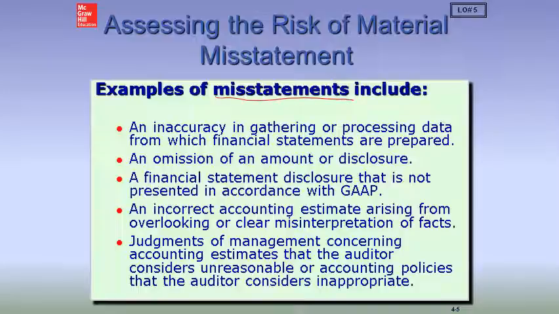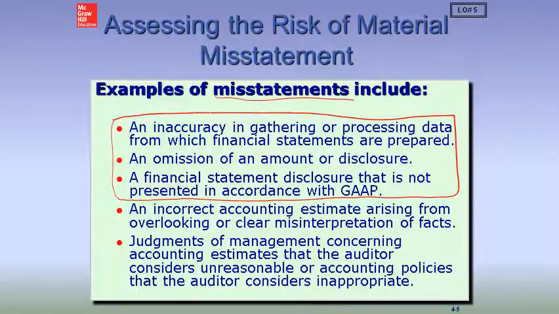Okay, and I'm going to go ahead and group these into a couple of different categories here. So I'm going to put a box around this first set here. Okay, and this box here we could call factual misstatements.